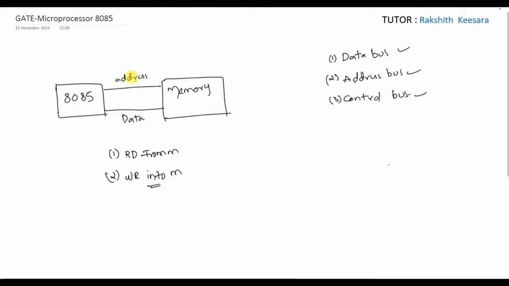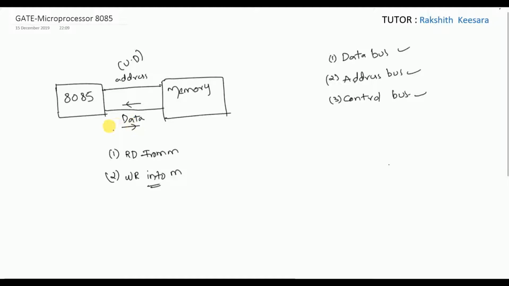So if you observe here, 8085 can only send an address to the memory. Memory cannot send an address to the 8085. So the address bus is unidirectional. It should send the address, and whether to read or write the data at that address depends upon the instruction we give. But the data bus can read the data from memory, or it can write the data into the memory.